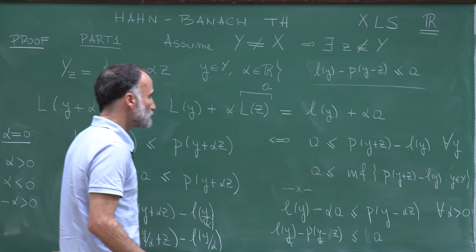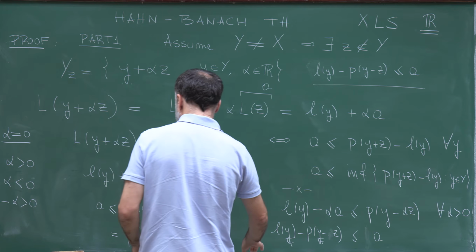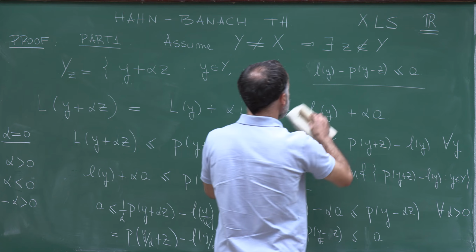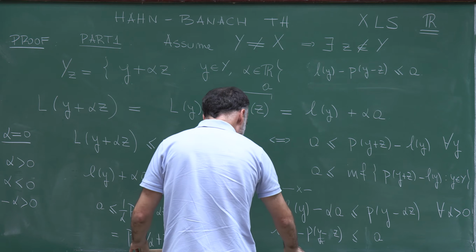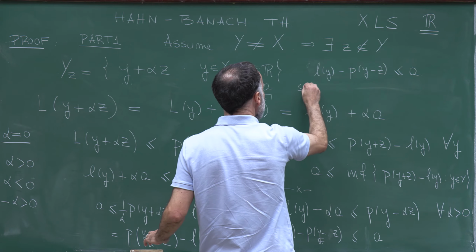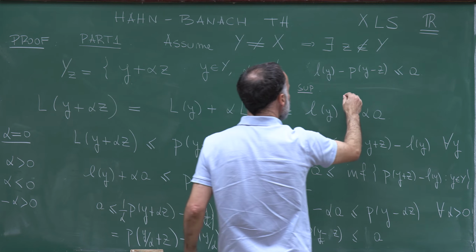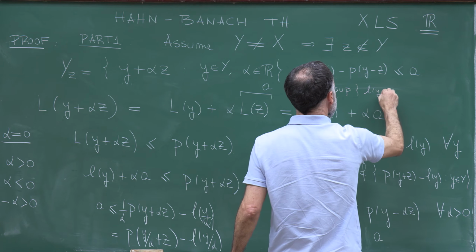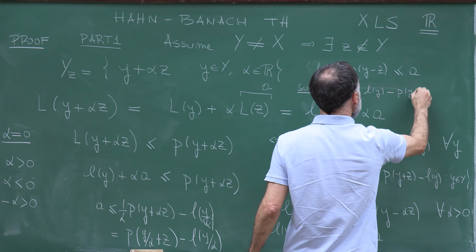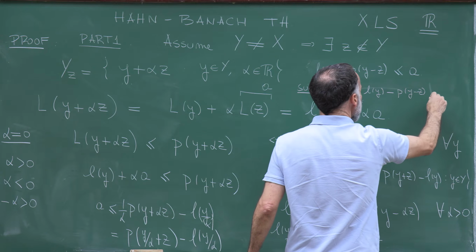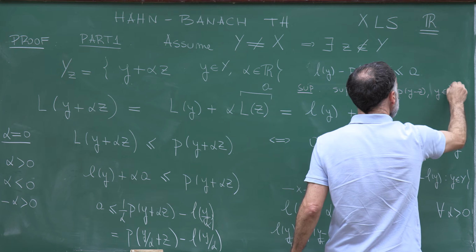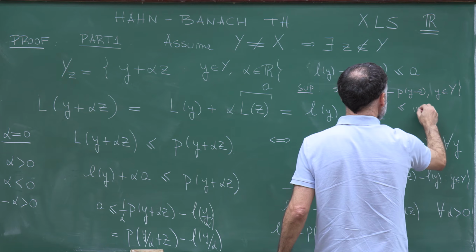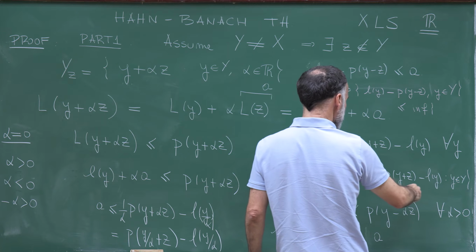But now suppose that indeed the supremum of Ly minus Py minus z for y in Y is less or equal than the infimum, which is written over here.